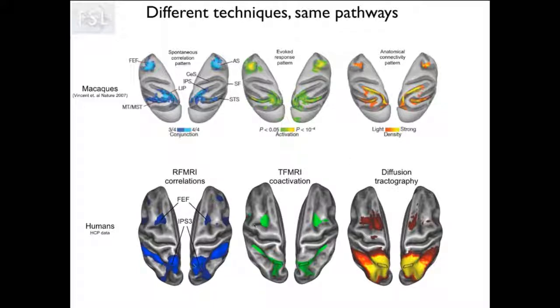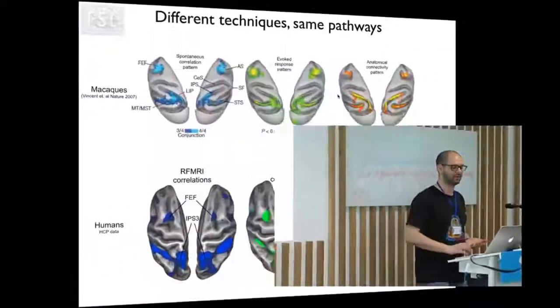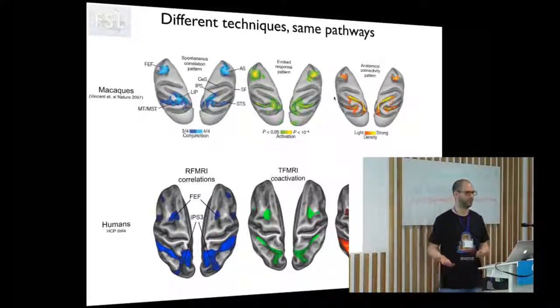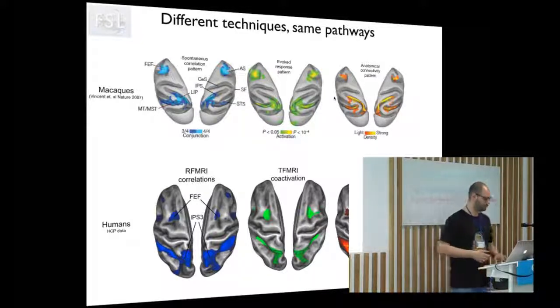If we look at this example at the bottom, we always do a seed connectivity approach, using resting state fMRI data, task-based fMRI data, and diffusion tractography. And you see that seeding from the same region will give you different connectivity profiles when it comes to the functional approaches and especially when comparing the structural results to the functional results. Well, actually, if you do invasive mapping of function and structure in, let's say, the macaque, you will get more coherent, well, as expected, results.